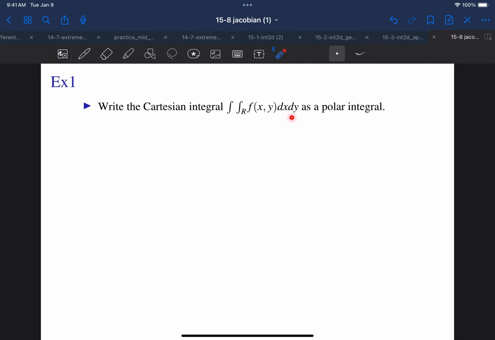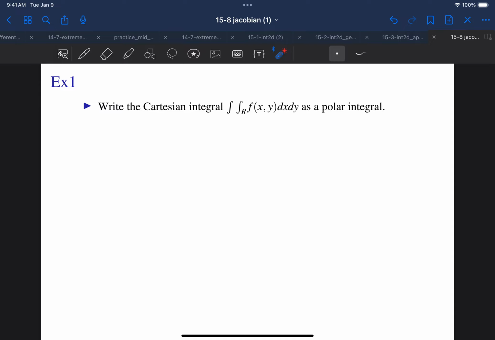So here, write the Cartesian integral dx dy form into a polar integral. What it means is, we have the Cartesian coordinate system, right? So the xy plane, basically.